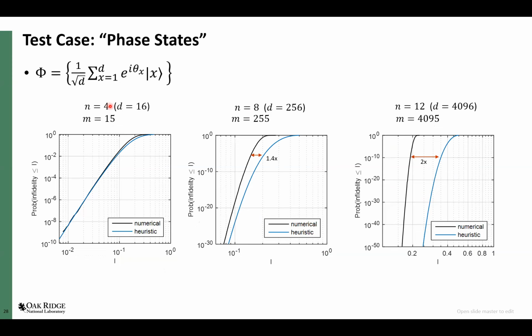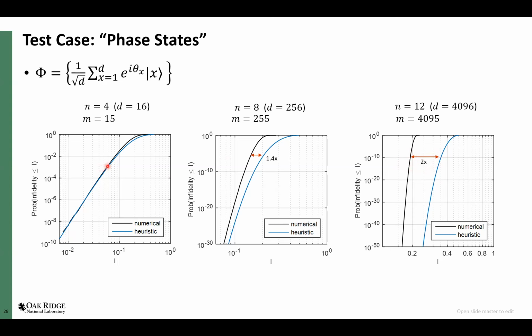Another test case that I looked at is what I call phase states, which are basically a uniform superposition, but each basis state has an arbitrary phase. And again, I looked at this for different dimensionality, and I find pretty good agreement as we go up to larger dimensions. In this case, however, as we get to larger dimension, the error in this characteristic infidelity is off by a factor of about 2.